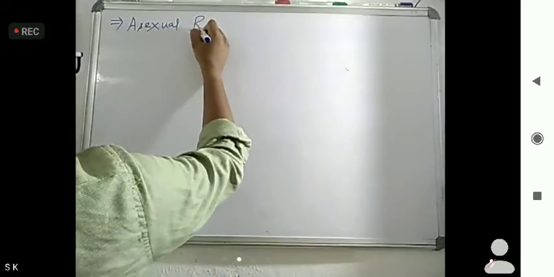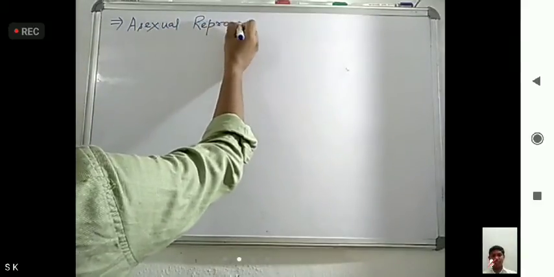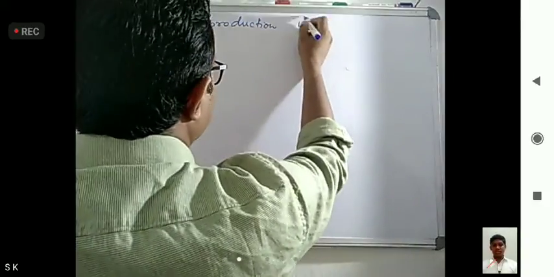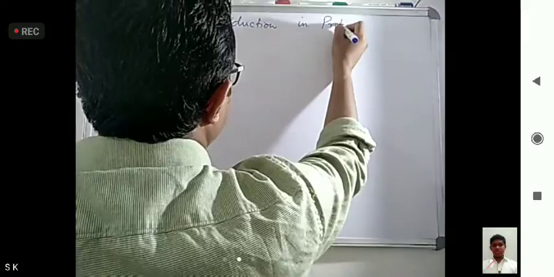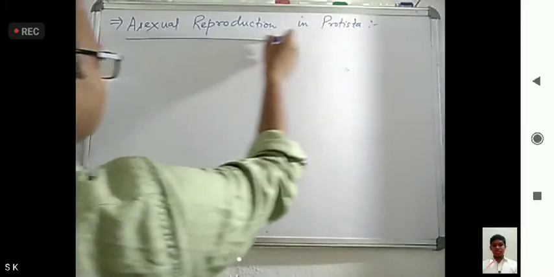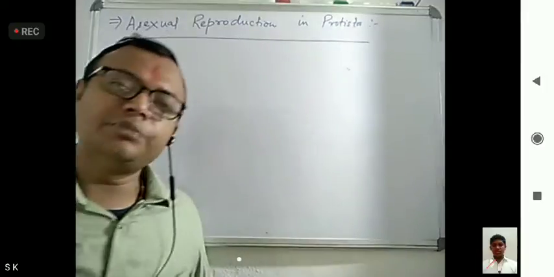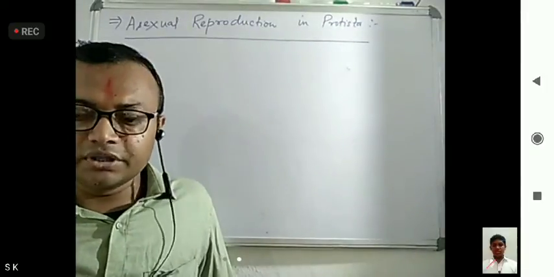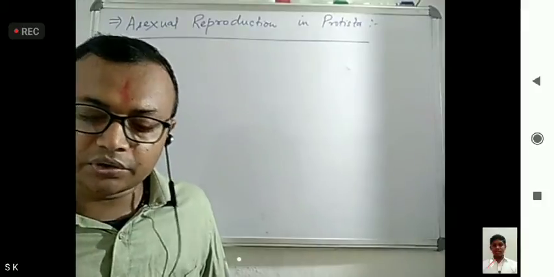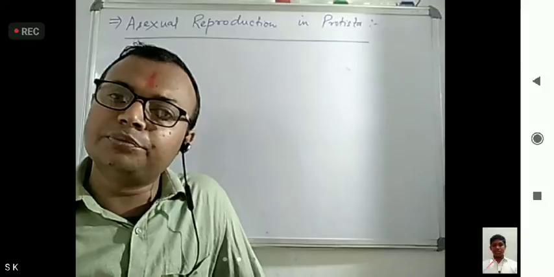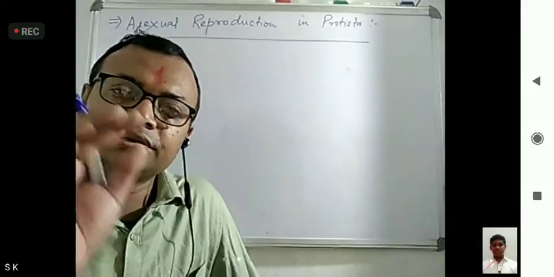Asexual reproduction in kingdom Protista. Okay, now asexual means what? Without formation of gametes, without fertilization. Okay, and this is the most common method of reproduction that takes place in Protista.